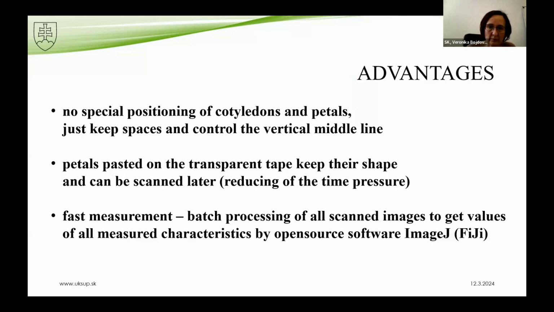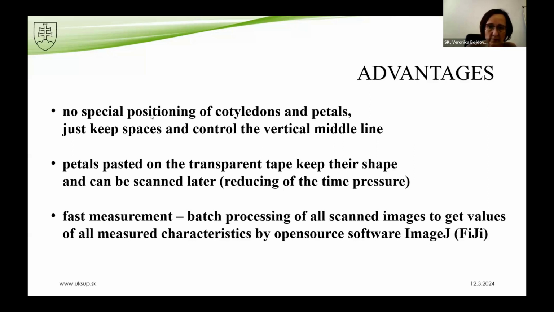For the macro we use for image analysis, it is necessary only to keep enough space between objects, plant parts, and control the vertical middle line. That means that the cotyledons and petals should not be rotated before scanning. So the positioning of the plant parts is less time consuming in the short time periods in which we need to process samples for measurement.